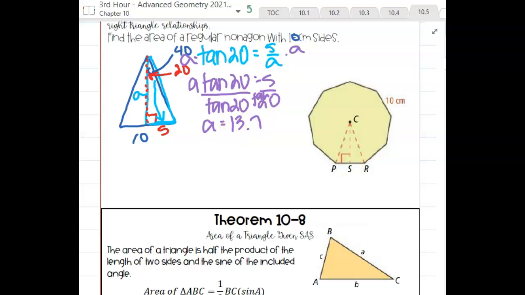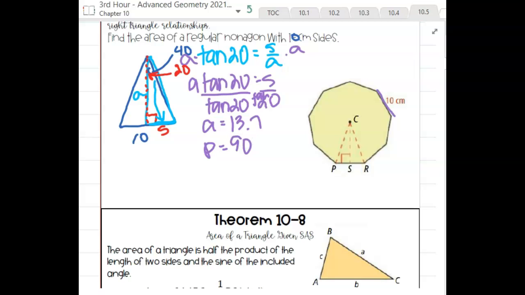So the apothem is going to be 13.7. To find the area, you need the apothem, which I just found, but we also need the perimeter. To find the perimeter, this is a regular nonagon. One side is 10, and how many sides are there? 9. So 9 times 10, the perimeter would be 90.